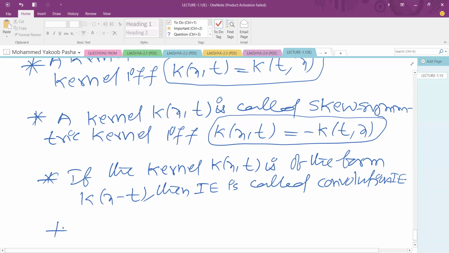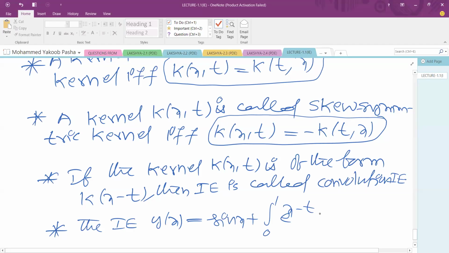For example, I'm taking an integral equation of the form y of x is equal to sin x plus integral from 0 to 1 of e to the power of x minus t into y of t dt.